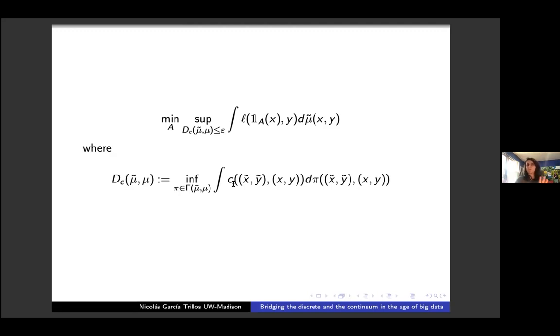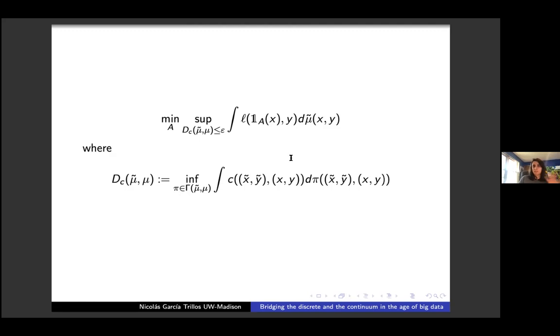What are you trying to prevent? You pick your favorite cost, that is modeling your adversary, and that's going to limit what the adversary can do in terms of changing the distribution, moving to something else. And of course, you're going to be trying to minimize the misclassification error for all those potential mu tildes that the adversary can select.